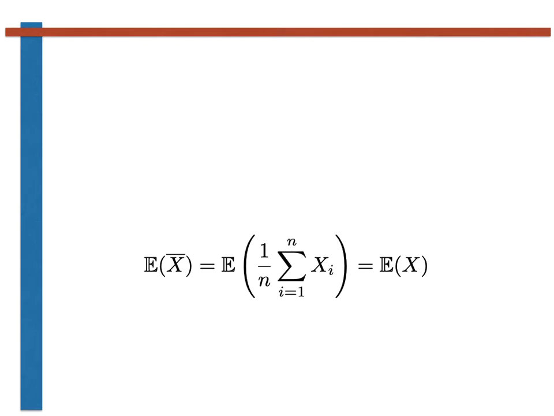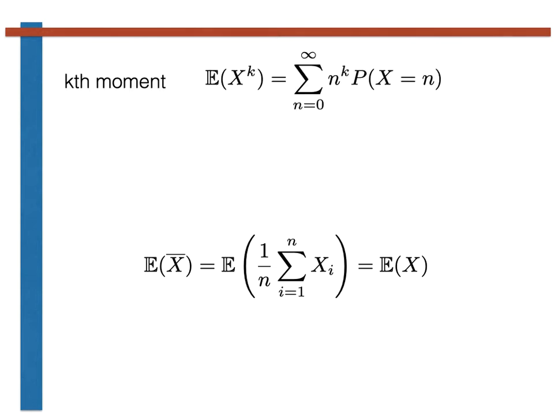This method is based on the fact that the expectation of the sample mean is equal to the expectation for a single random variable, as shown in the equation here. The expectation, or more accurately the kth moment, for a discrete random variable can be determined from the probability mass function by using the expression shown at the top of this slide.